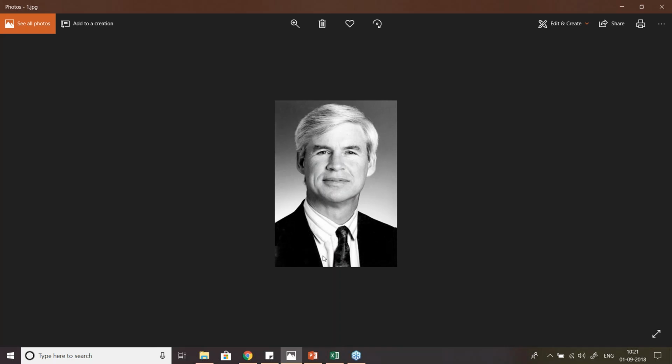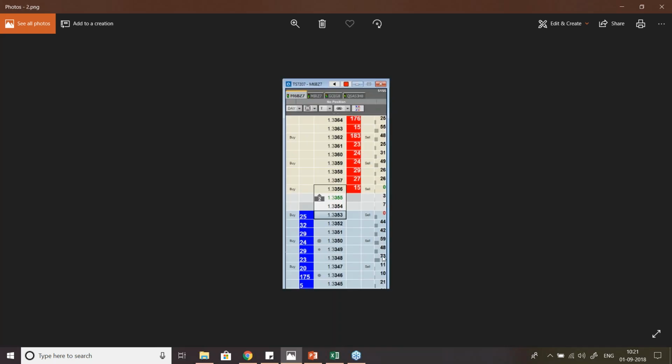let me show something. Okay, this is one screenshot that I have taken of one exchange, and this is Euro USD, I guess. If you see, the best bid here is. Can you guys see what is the best bid and best ask?